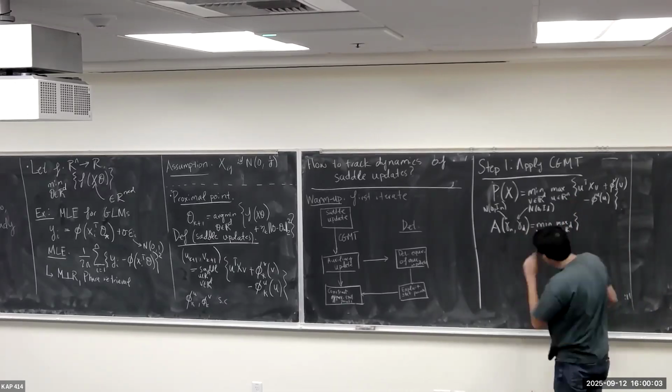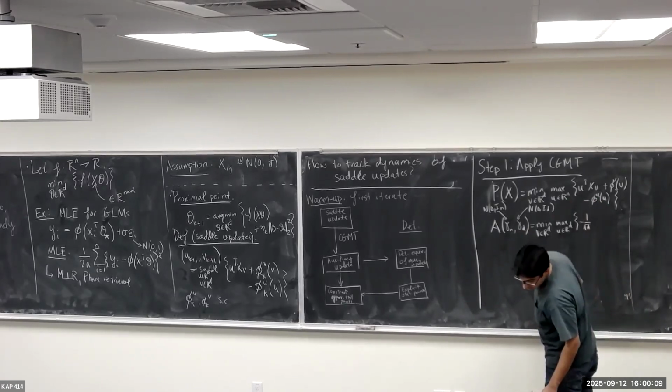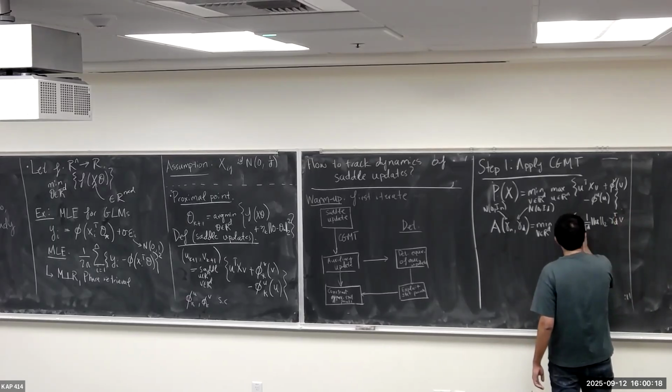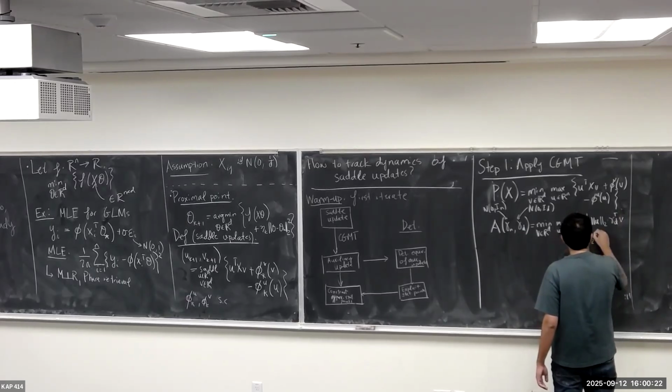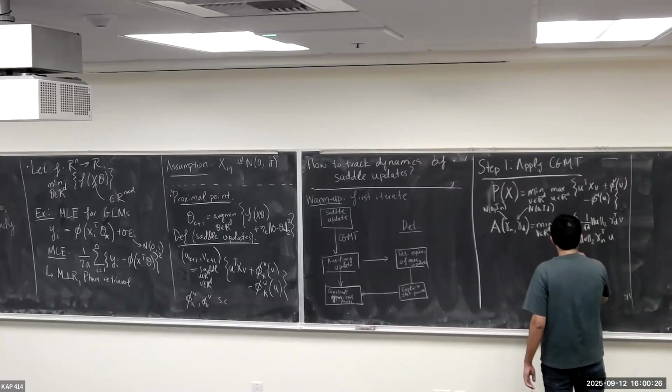The only difference is that instead of having this U transpose XV, we have a normalization 1 over root d, norm of U times the inner product of gamma d and V. We add on this term, and then we have the same thing.